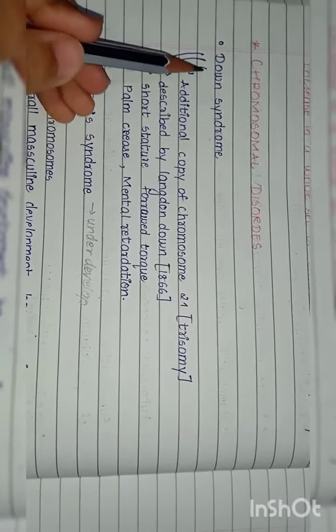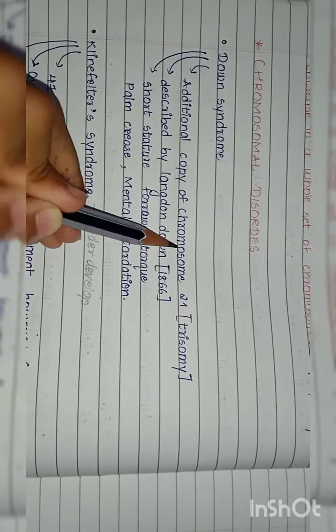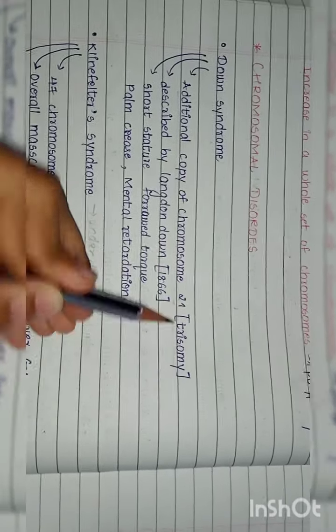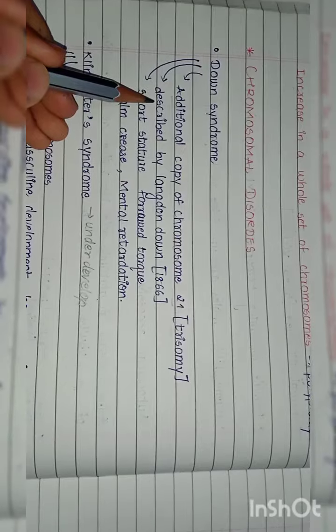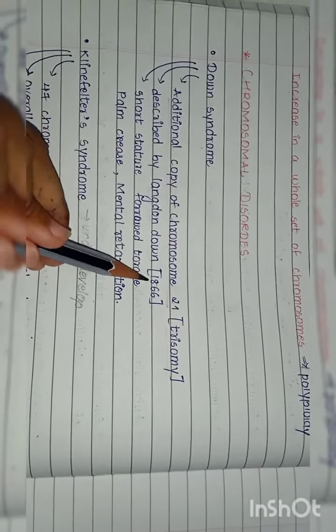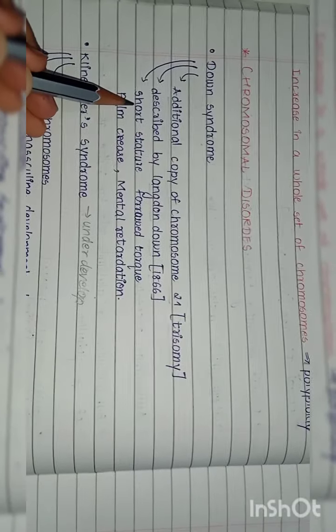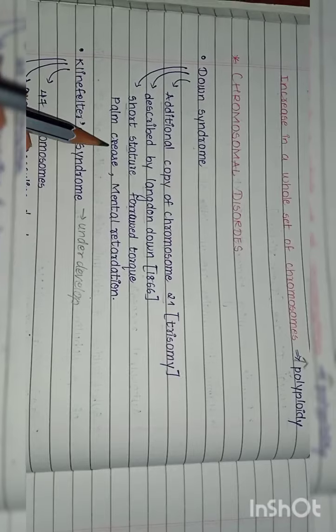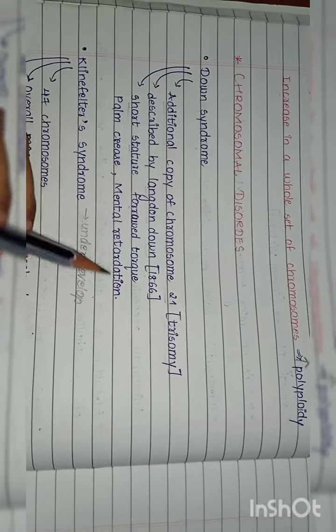Down syndrome: an additional copy of chromosome 21 is seen, that is trisomy of the 21st pair of chromosomes. It was described by Langdon Down in 1866, and we see effects like short stature, furrowed tongue, palm crease, and mental retardation.